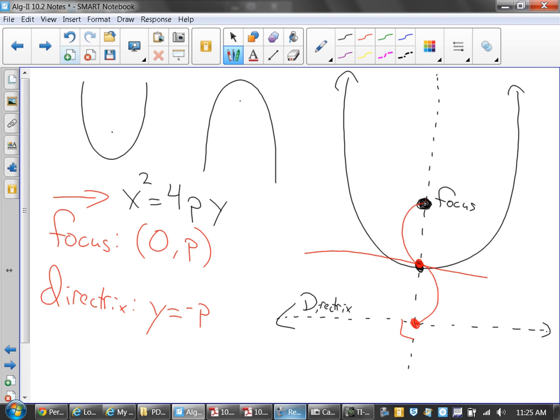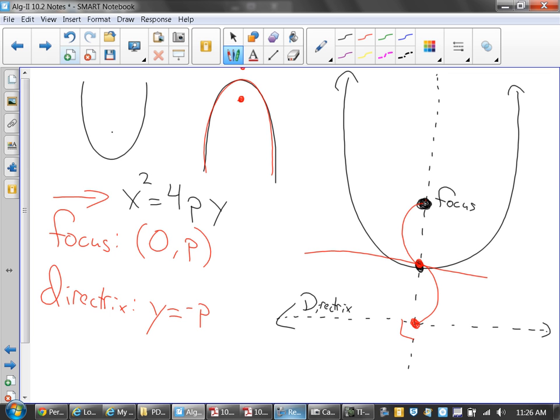Opposite of p. Okay? And that works the same way if your parabola is opening downward, your focus is down this direction, your directrix would be the opposite. So if your p-value is negative, it's down, the directrix is positive, it's above. Okay? It's very, very straightforward.